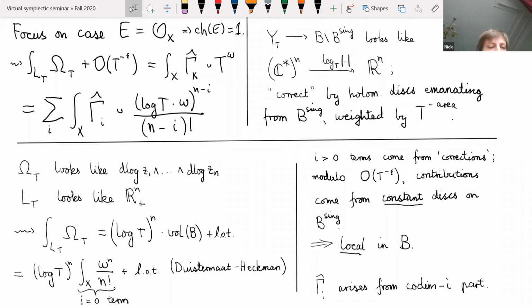So to continue, what the local model looks like: the holomorphic volume form looks locally like d log z1 wedge ... wedge d log zn, and the Lagrangian cycle, which is mirror to the structure sheaf, looks like the positive real locus sitting inside (C*)^n.